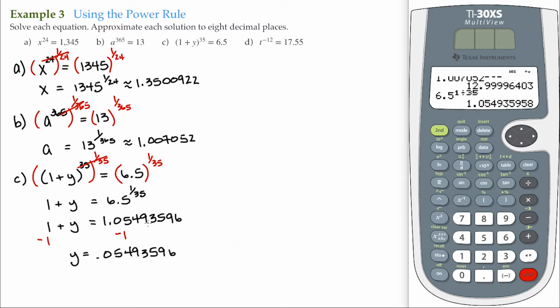Raise this to the 35th power, and it's very close to 6.5, which is what we have here.